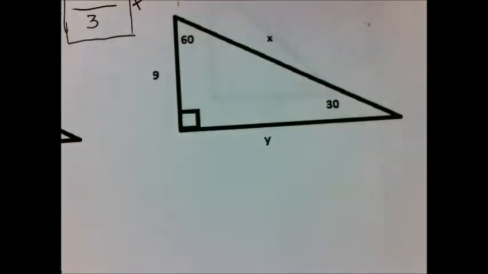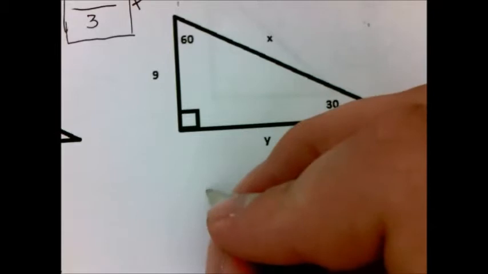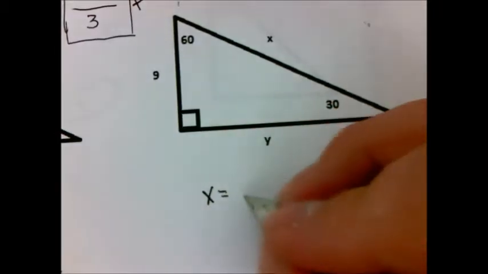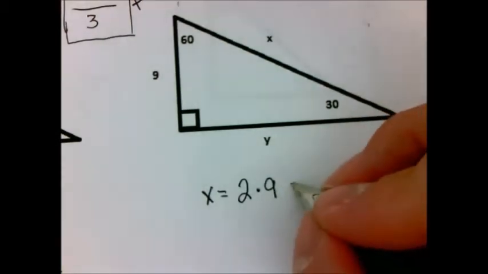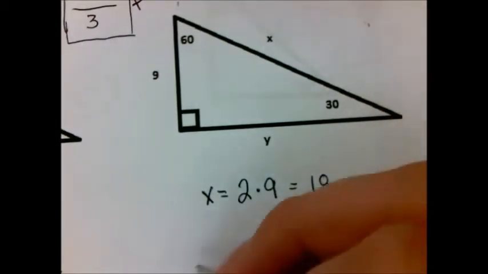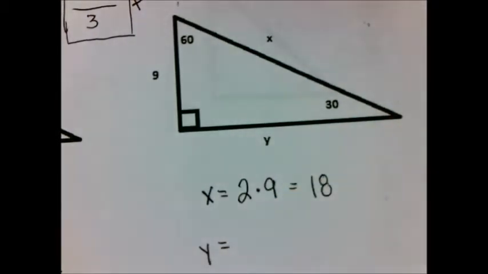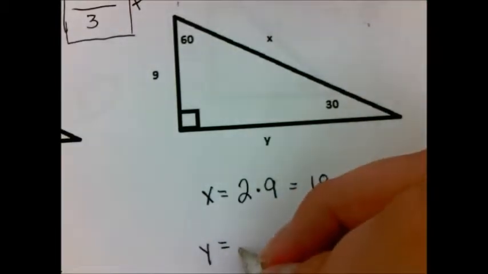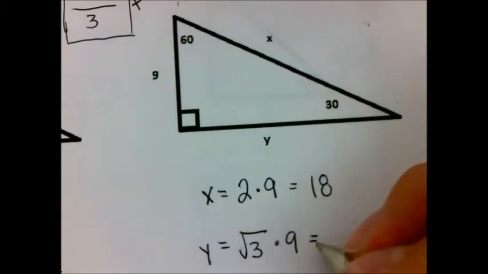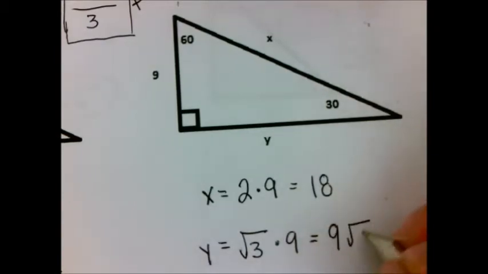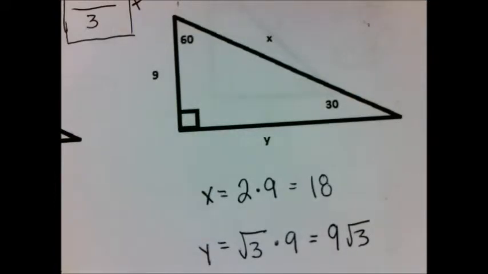So x, which is the hypotenuse, is 2 times the shorter leg, which is 9, which should give us 18. Y, which is the longer leg, is just square root of 3 times 9, which should give us 9 square root 3. And that's all that needs to be done with the shorter leg.